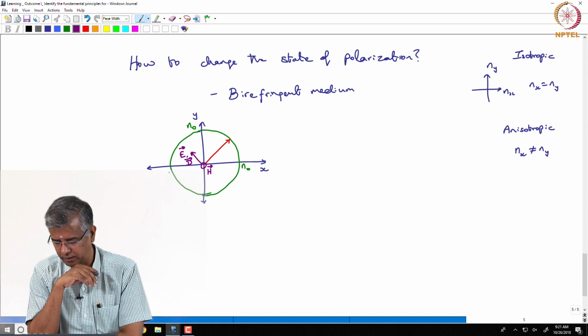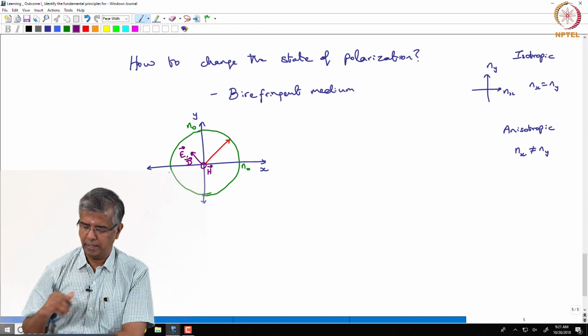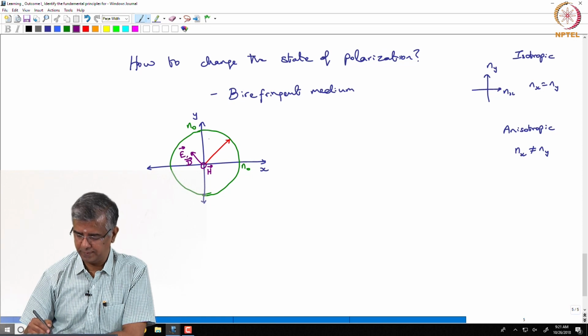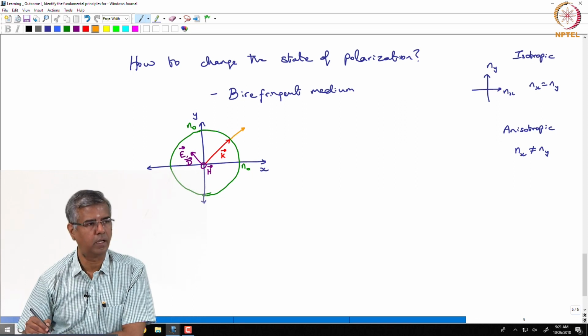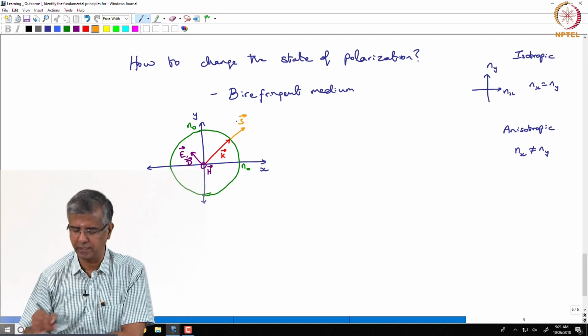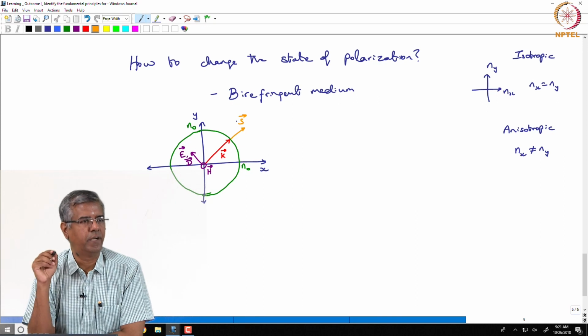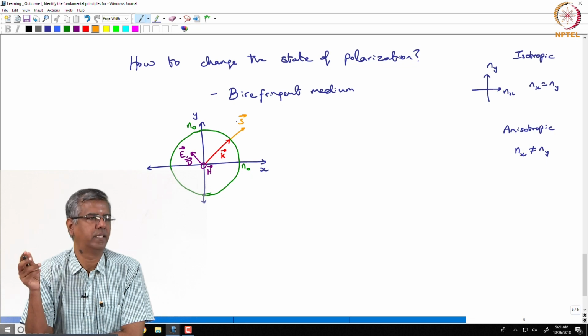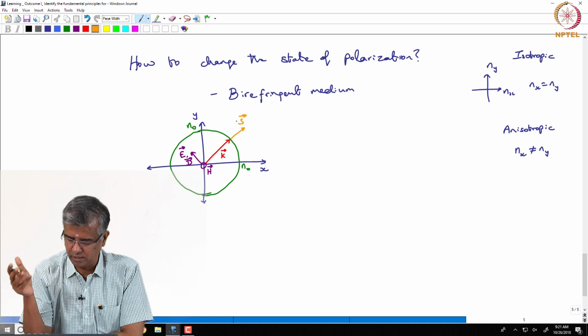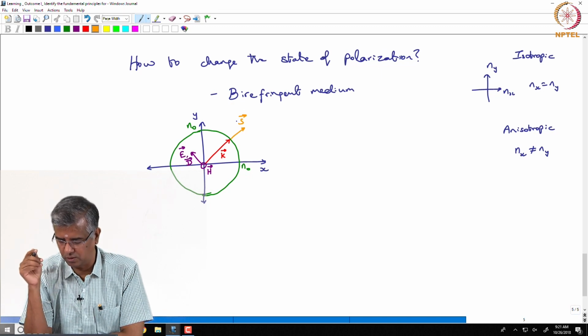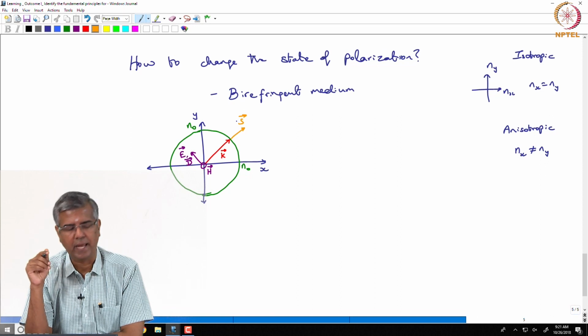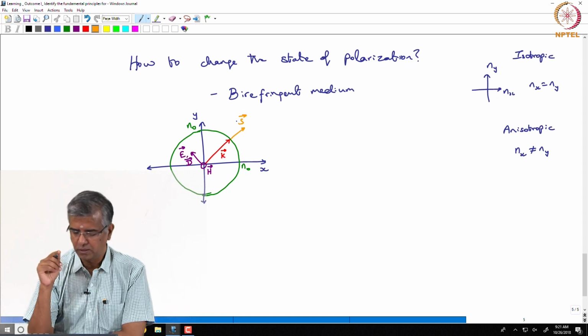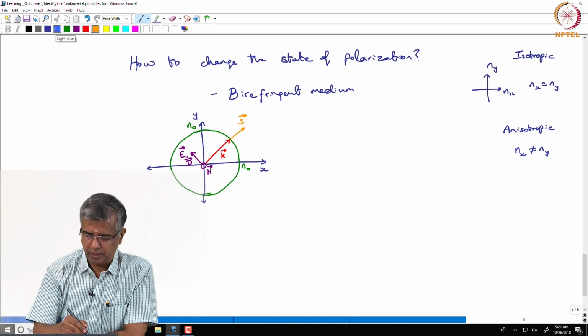Both of them are parallel to each other, and in this sort of case, if we look at both the k vector as well as your Poynting vector, which denotes the direction of energy propagation, the k vector and the Poynting vector are one and the same. That is what you have been looking at all along in electromagnetics and in photonics also. They are all lined up with each other. So, this is for an isotropic medium.